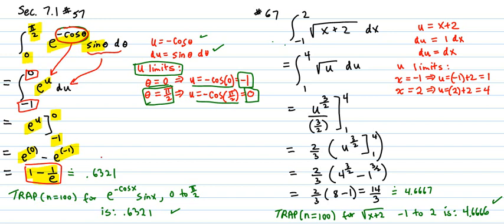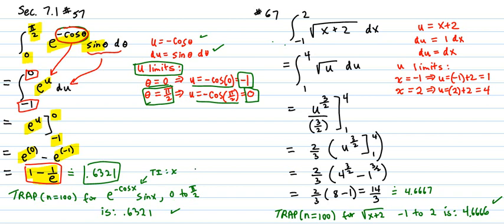Now let's check it. To check it, we do the decimal approximation. Then we run the trapezoid program for 100 intervals for the original function. Of course, we have to use x's for the TI calculator. We use the x's and run that from 0 to pi over 2.